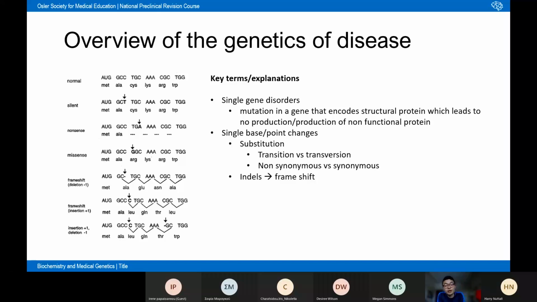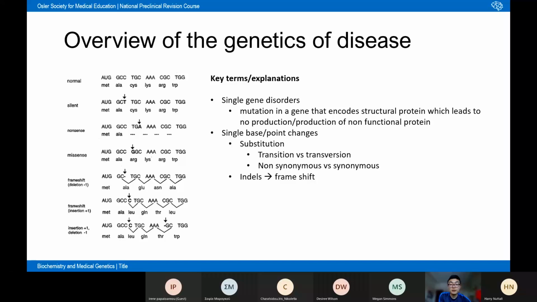On the other hand, non-synonymous mutations do change the amino acid sequence, and they can be either missense mutations or nonsense mutations. If we look at the diagram on the left again, by nonsense mutation, what we mean is a codon specifying an amino acid is replaced by a stop codon. So you get a premature termination codon and a truncated polypeptide being formed.